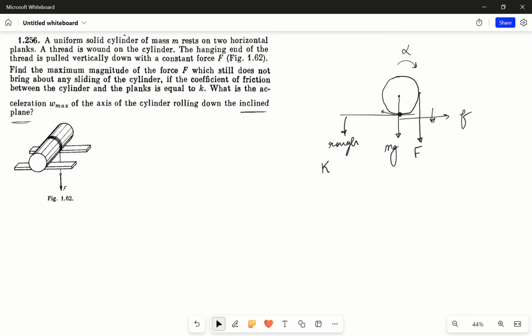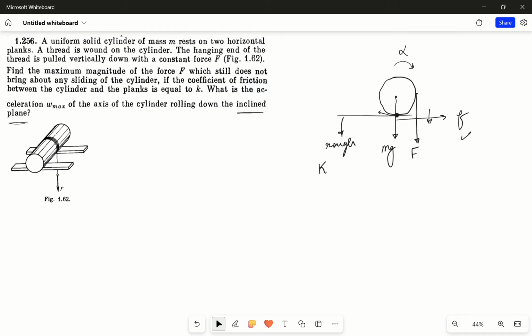Okay. So what we are asked is, we have to find the maximum force F that we can exert on this cylinder such that this friction is capable of keeping the cylinder in pure rolling, that is, it does not allow the cylinder to slide on the surface, right?